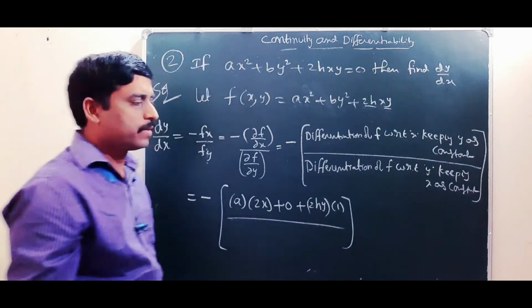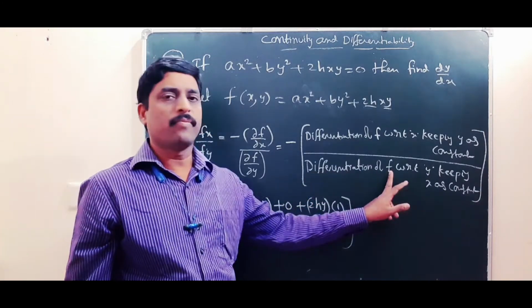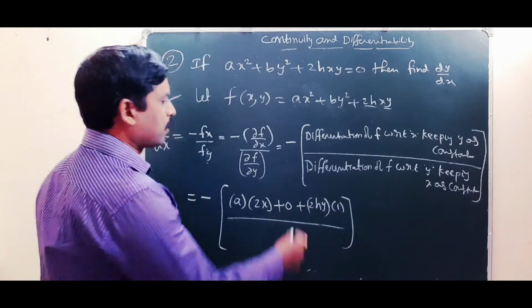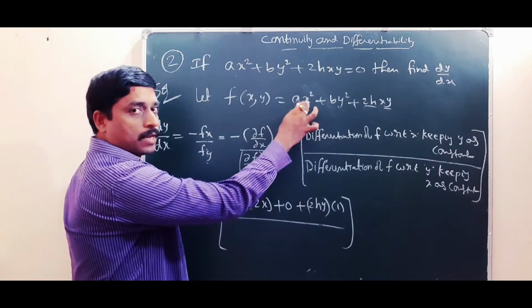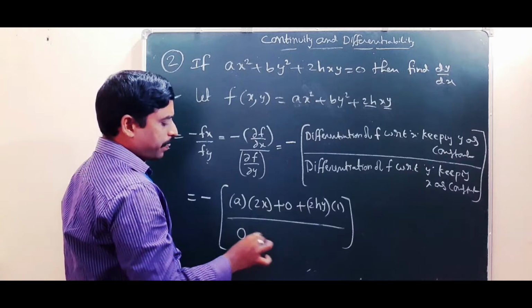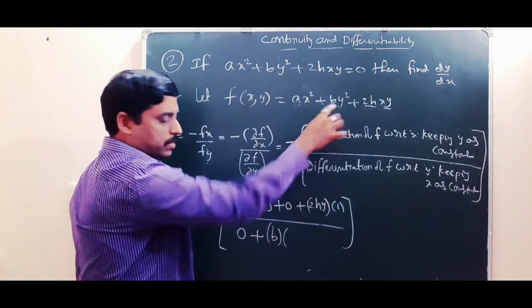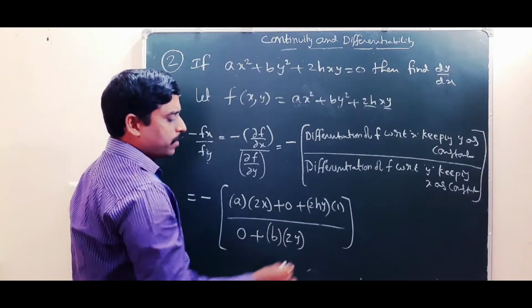This whole is divided by the differentiation of f with respect to y, keeping x as constant. In this, a is constant, x is constant, so the derivative is 0. b is constant, and differentiation of y square would be 2y.